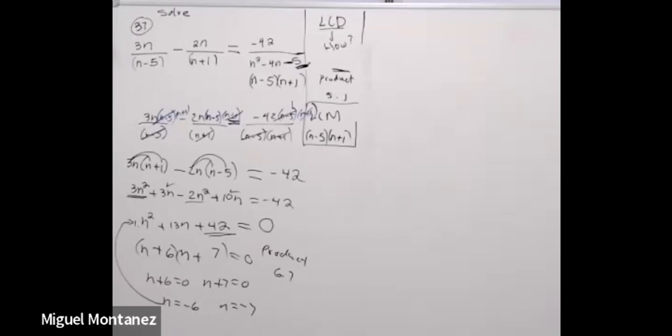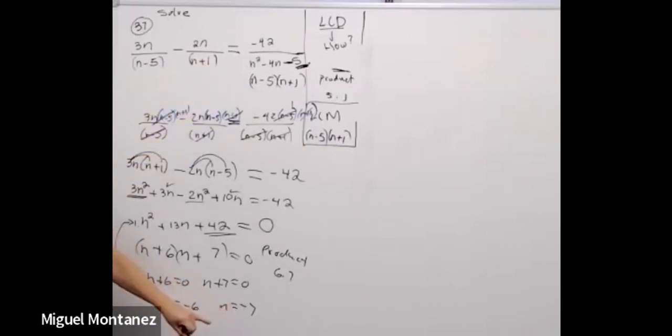Why is that the case? Because of the denominator. We know that the denominator is how many pieces we divide it into, so the denominator cannot be 0. So the solution cannot be positive 5, because 5 minus 5 will be 0. And the solution cannot be negative 1.